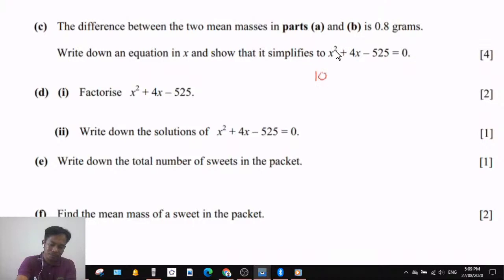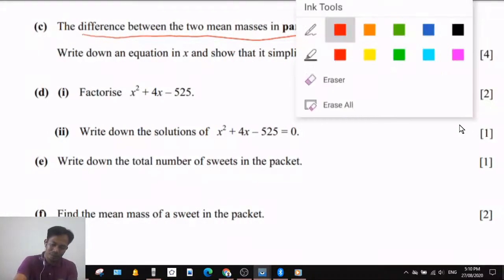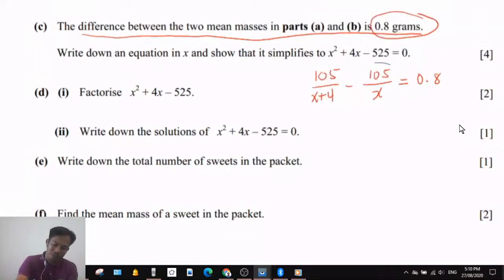Then you subtract 105 divided by x. The difference between the two is 0.8. How will I make it x squared plus 4x minus 525? I'll basically make this a single fraction.